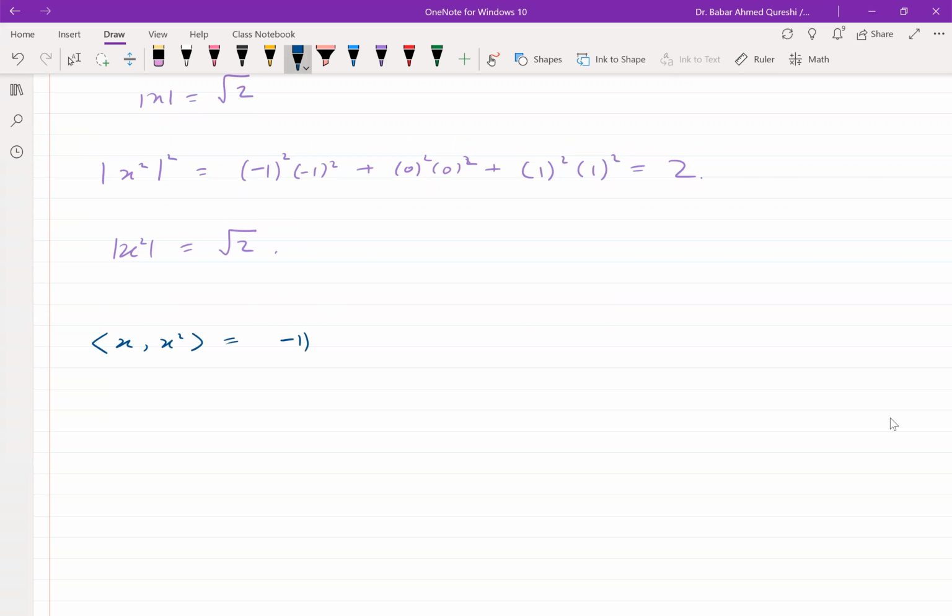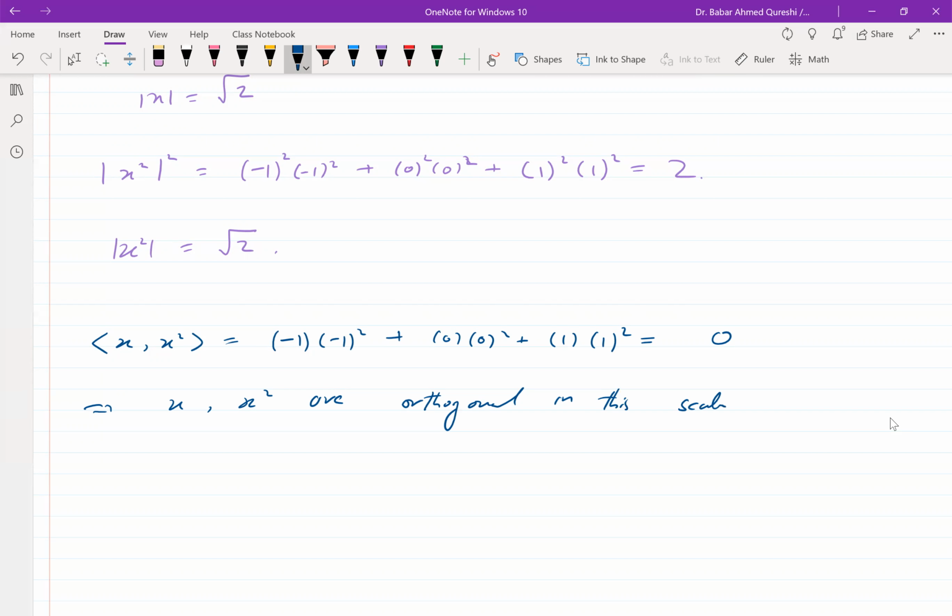So it's minus 1, x evaluated at minus 1, and then minus 1 square. So this gives you 0. This means x and x square are orthogonal in this scalar product, or in this inner product.